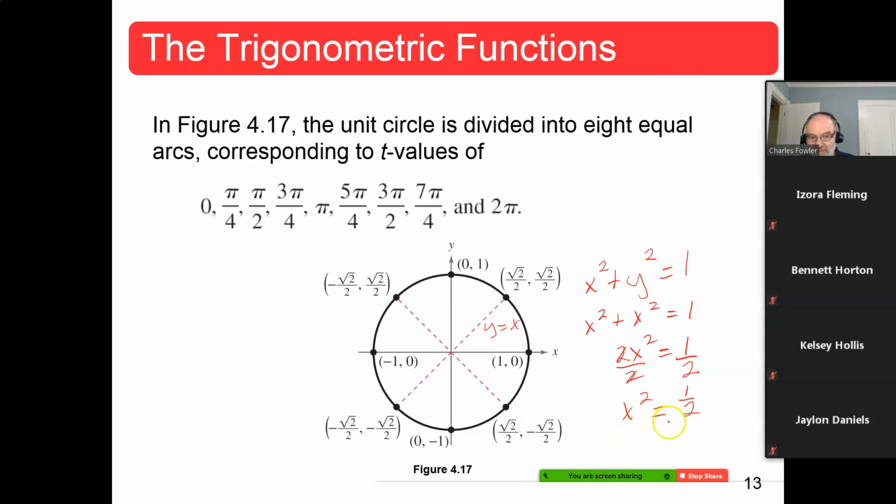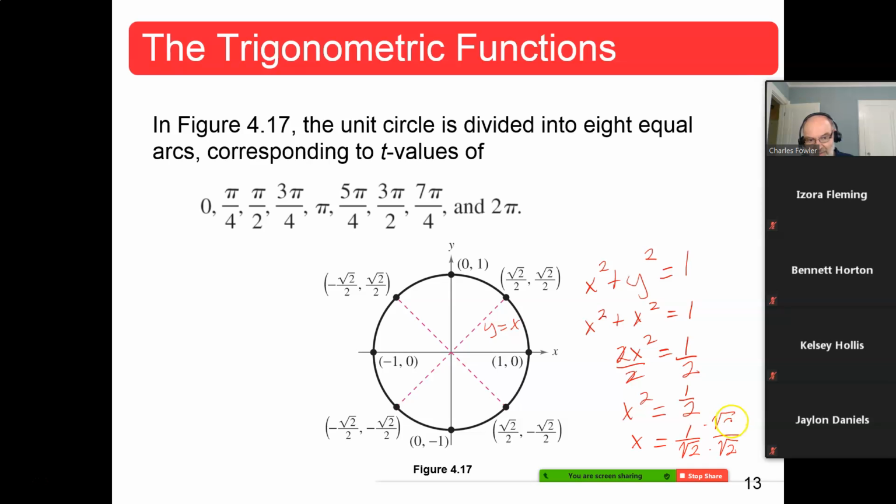But what else that tells you is that x is then equal to, we really should say plus or minus, but we're going to stay in the first quadrant, so we're only going to use plus, the square root of 1, which is 1, over the square root of 2. Okay? But sometimes they don't like to write radicals in the denominator, so rationalize the denominator by multiplying numerator and denominator by square root of 2.